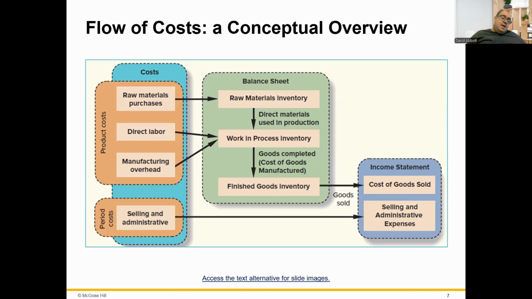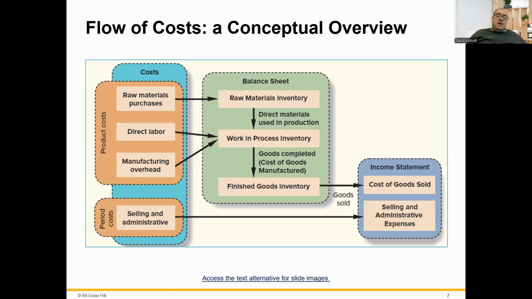Now, to transform the direct materials into completed jobs, direct labor is added to the work in progress inventory account. So we would have to include that, our direct labor.